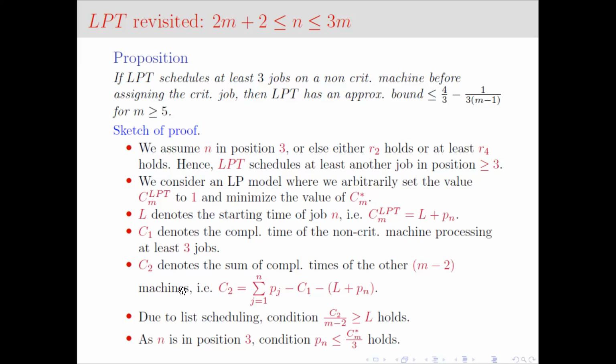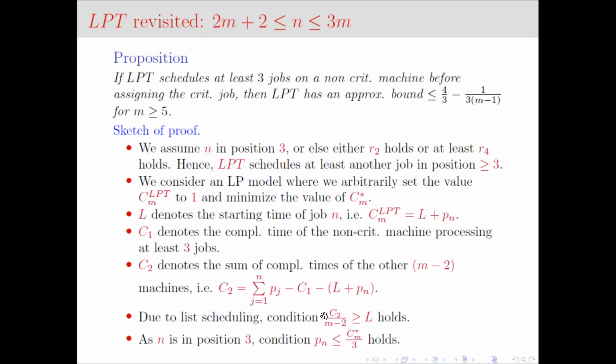And C2, the sum of all the other completion times, so the completion time of all the other machines. So we have the critical machine, we have this machine whose completion time is C1, and then C2 is all the other completion times. And of course, this value C2 corresponds to this equality: the sum of the processing times minus the completion time of this second machine with 3 jobs, minus the completion time of the critical machine.